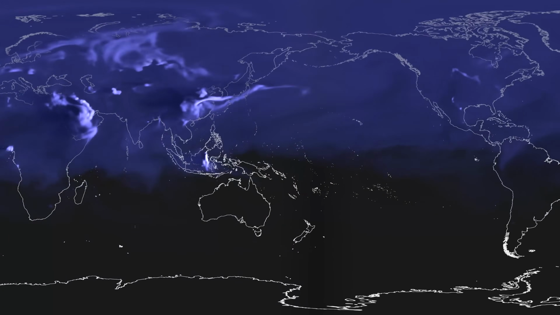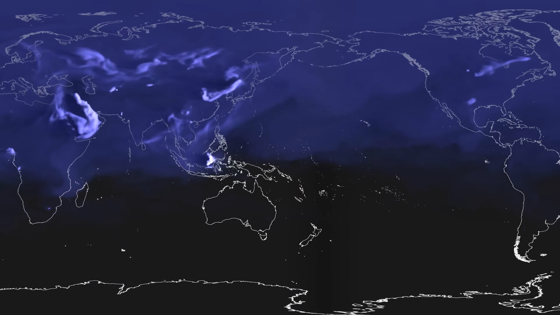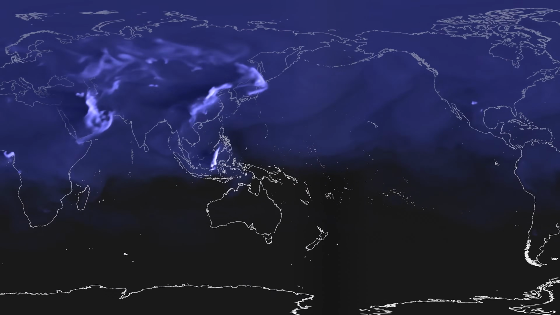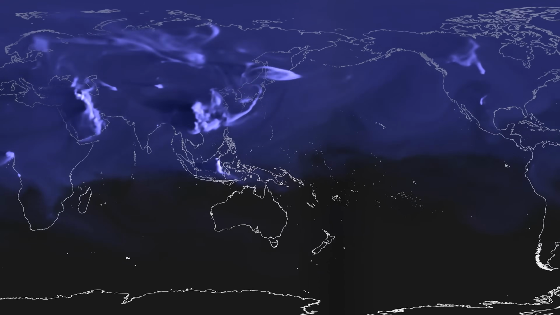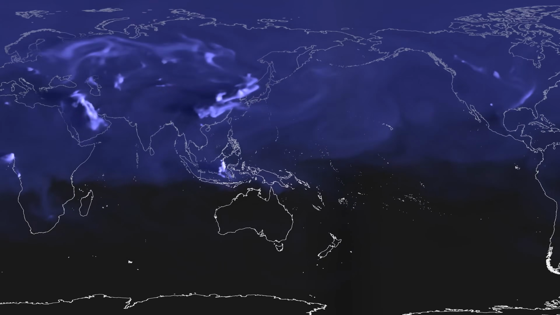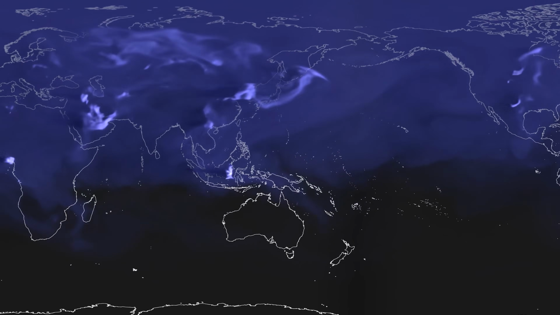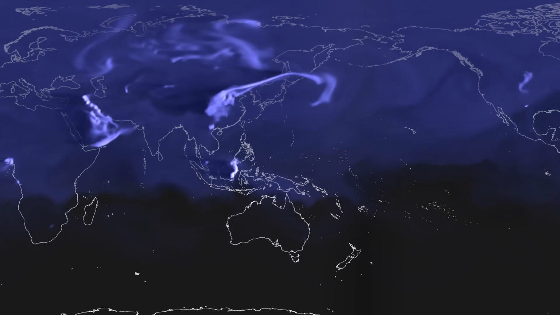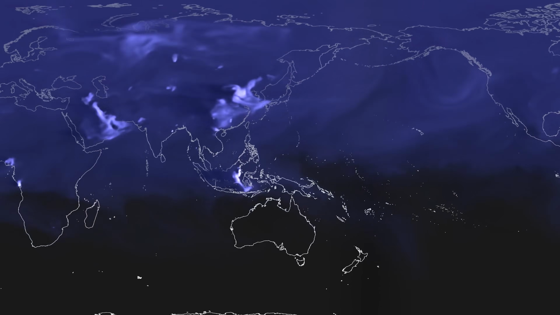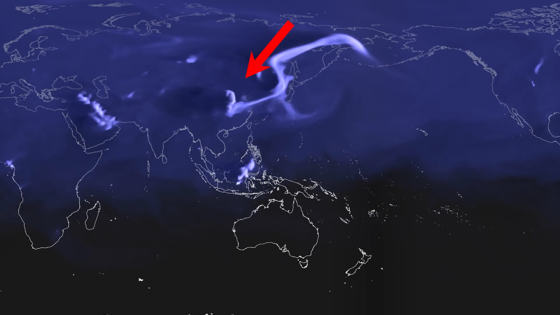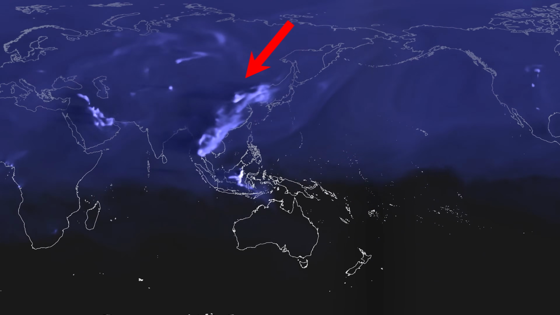And now here are the methane plumes. They are directly associated with human activity, oil field operations, coal mines, and gas pipeline leaks, which combined are responsible for nearly a third of the total volume of this gas that is released into the atmosphere each year. Here, you can see the plumes escaping from Chinese coal mines.